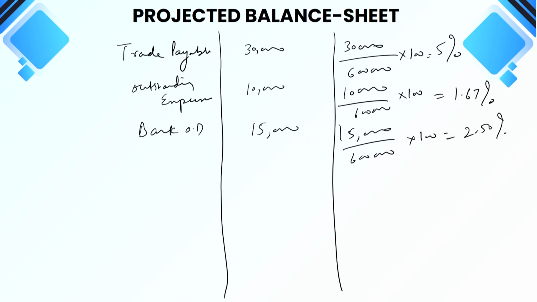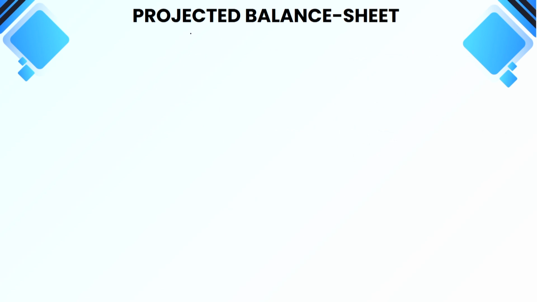Now we go for the next step, which is to find out the projected sales for the year 2023 and then find out the various items for the year. So the projected sale for 2023 would be a 25% increase on the previous year's sales.